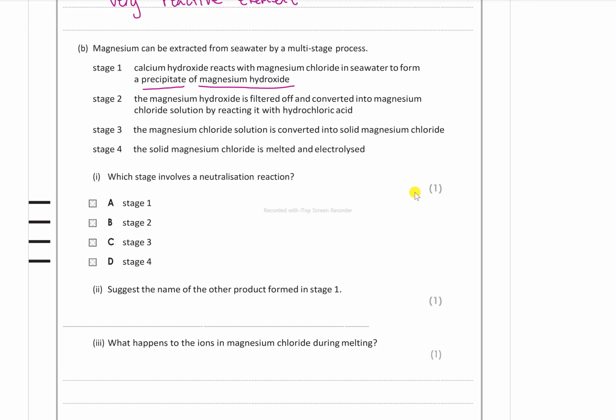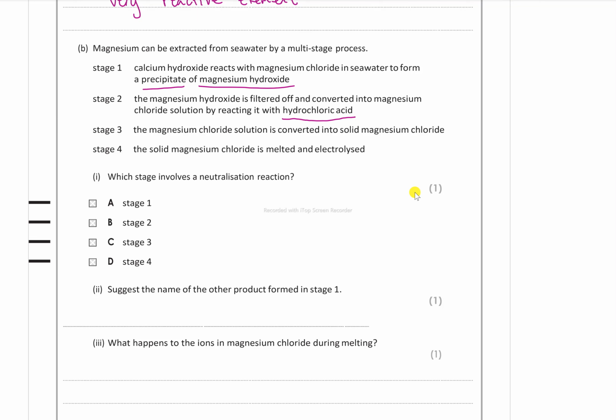Magnesium hydroxide is filtered off and converted to magnesium chloride solution by reacting it with hydrochloric acid. Magnesium chloride solution is converted into solid magnesium chloride. The solid magnesium chloride is melted and electrolyzed.